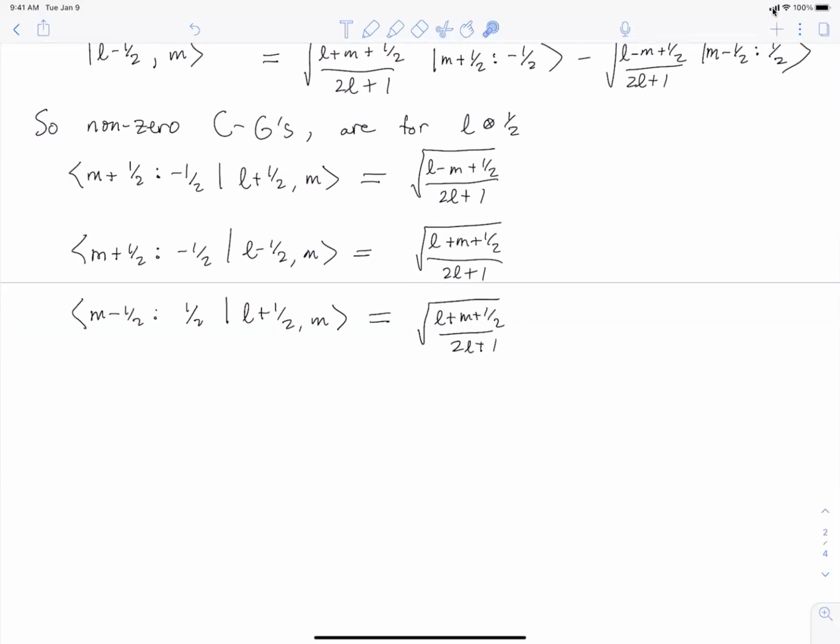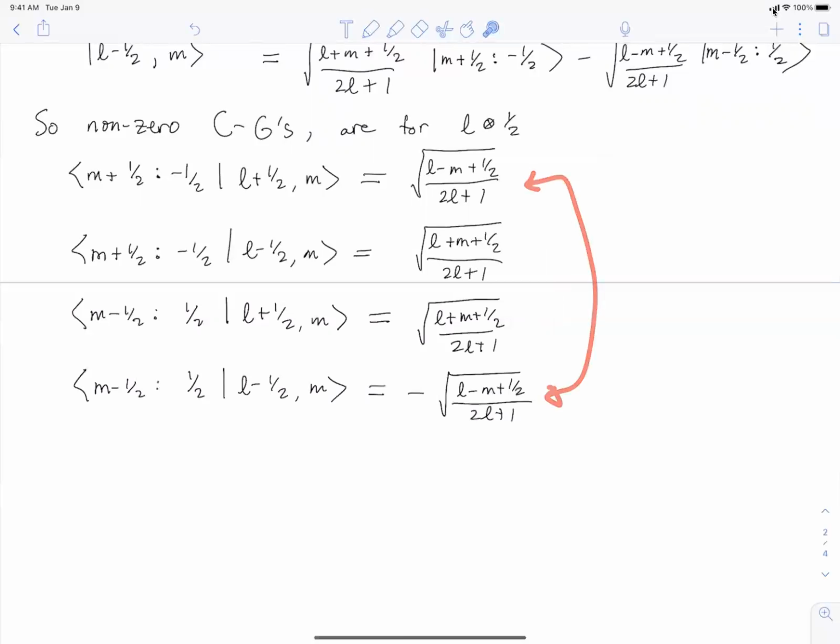That one happens to be the same as this one. Those two happen to be equal. And then there's this one. Finally, m minus 1/2, 1/2, L minus 1/2, m is equal to minus sign times the first one. Okay, so these happen to be related by a minus sign.